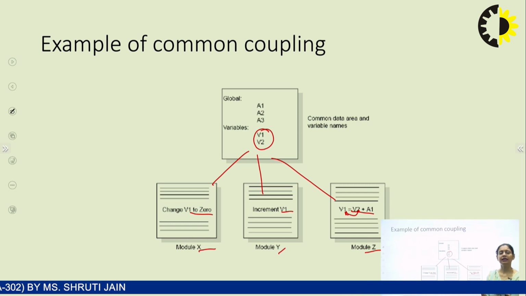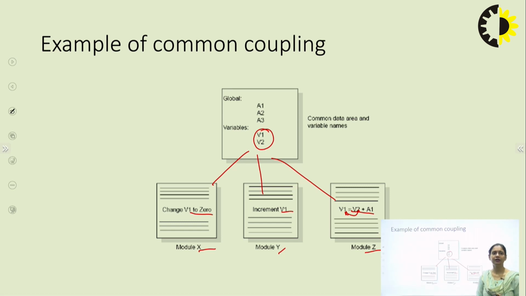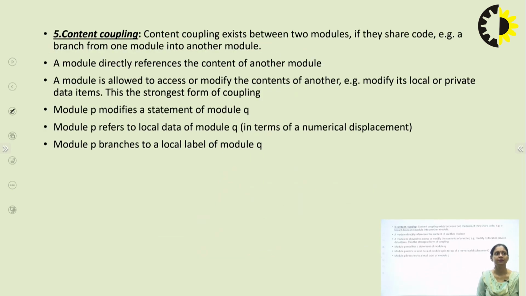In case later at any part, we need to identify which module has calculated a different value or where the bug actually exists, it would be very difficult to identify because all the modules are working on these two variables. And if a bug is found over here, it would be directly affecting this and this. That is why we should avoid using common coupling because it is using global variables.